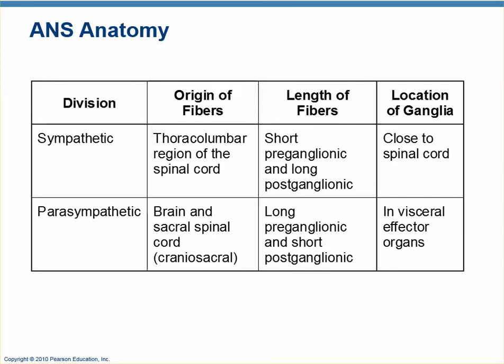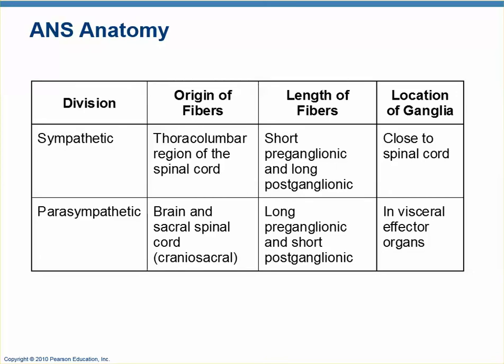So I already said this about the sympathetics: the fibers start in the thoracolumbar region. They have short preganglionic, long postganglionic, and the ganglia are found right beside the spinal cord. They're paraspinal.